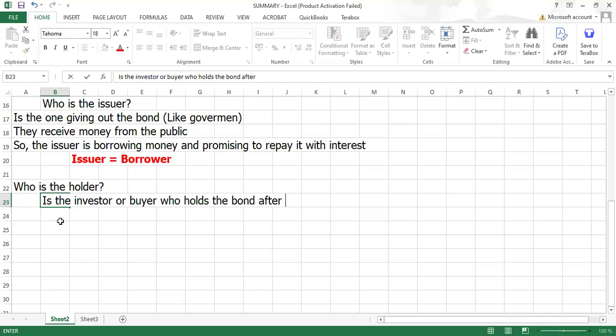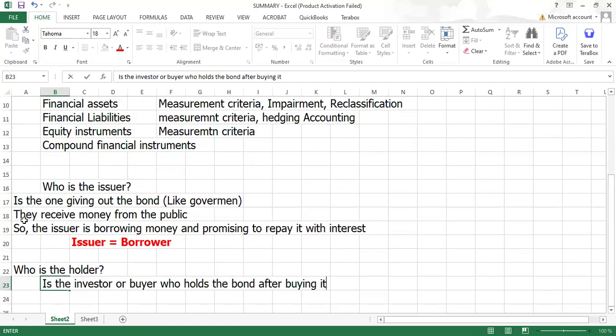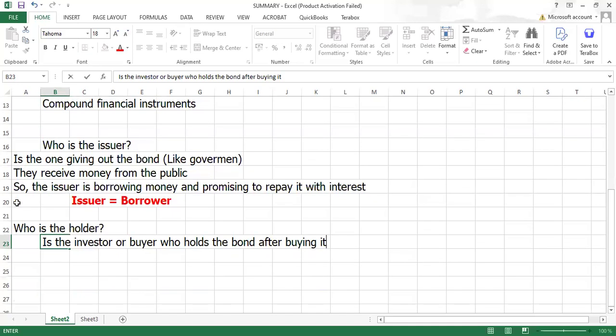The government has issued the bond, and you're the one who actually bought that bond. You are an investor, so you are the holder. You gave out the money.